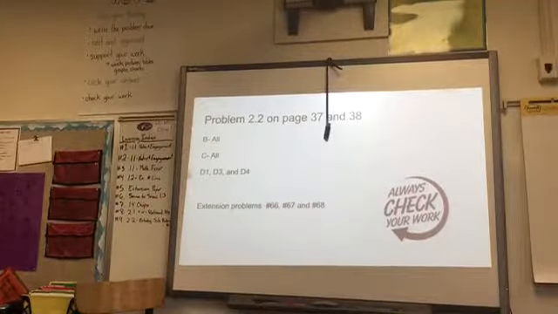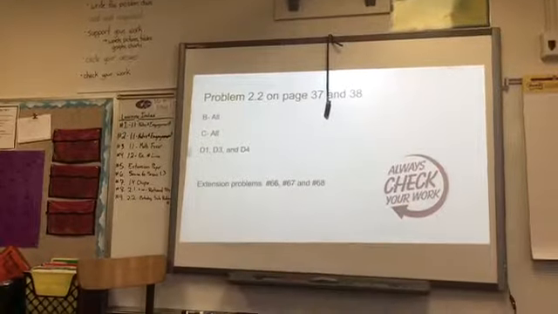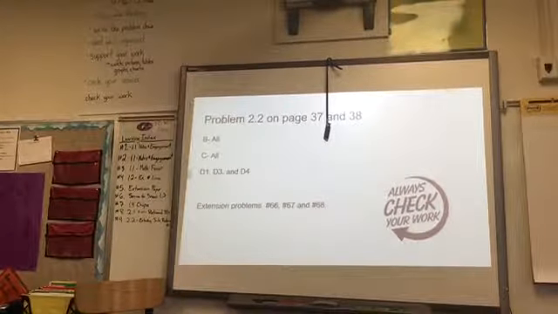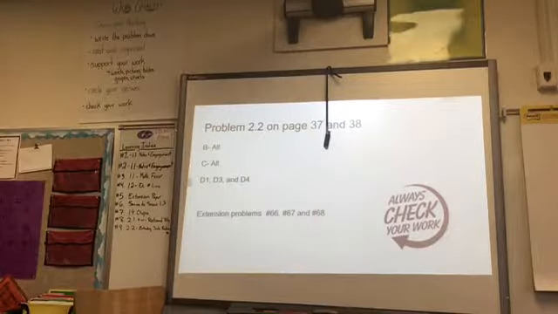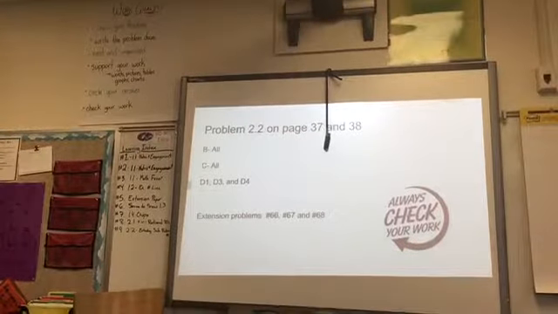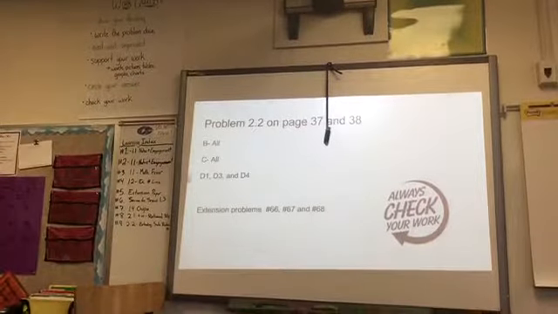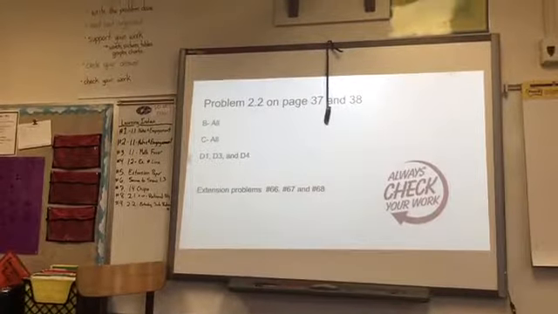Negative 8 minus negative 2. Negative. Because I'm at negative 8, look. I'm at negative 8. I add 2. Whenever I add, I go right. No, it's not negative 2 because you're subtracting it.